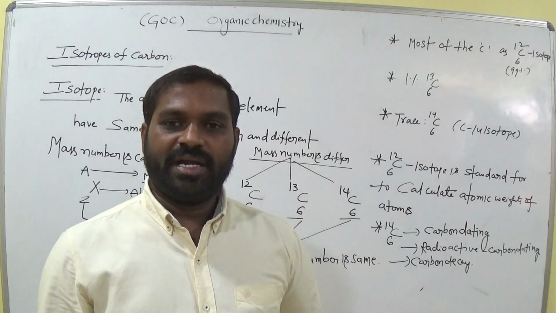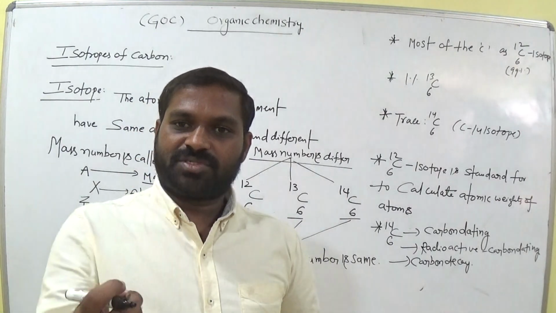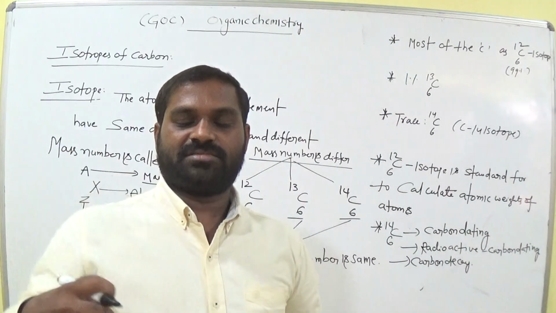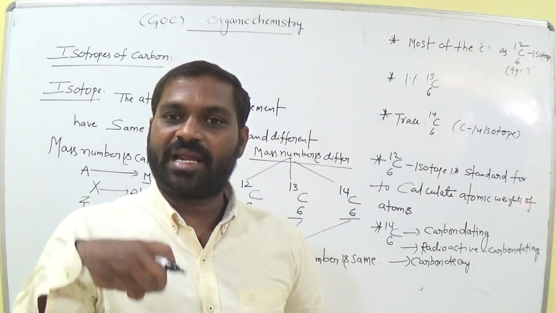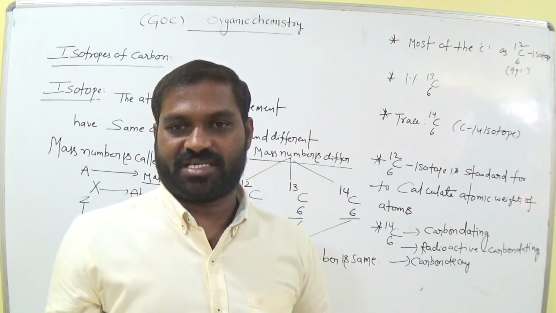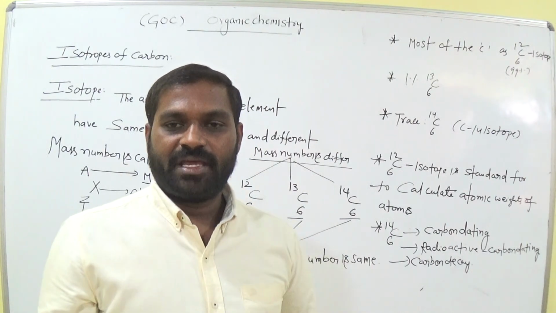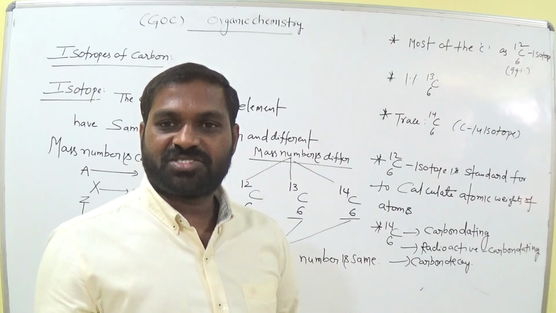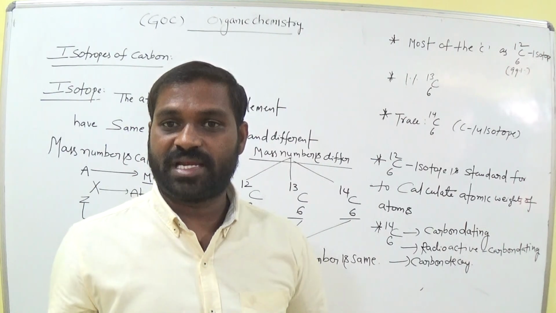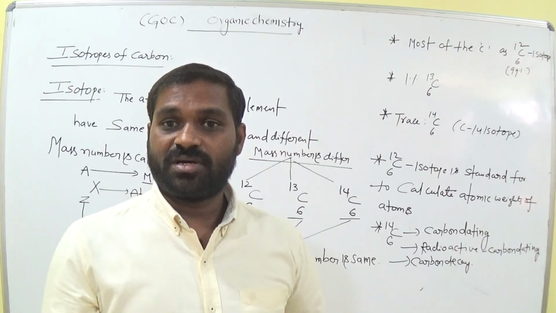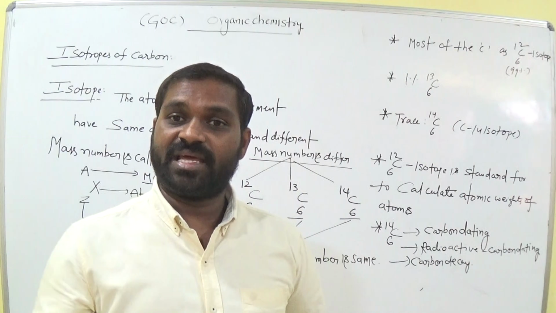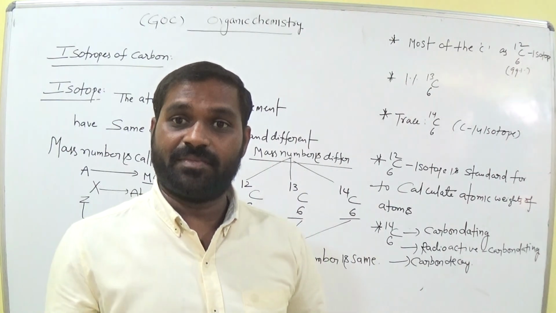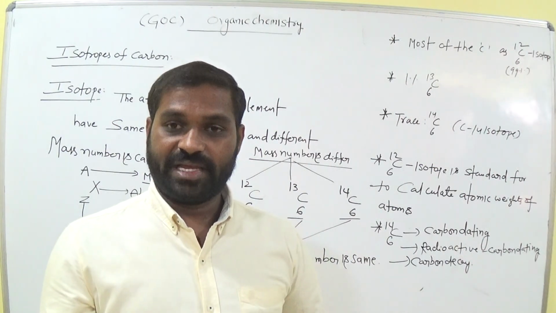So it takes time to decrease the carbon quantity. Depending on that time we can calculate the age of that object. Historical objects, we have stones and statues. Scientists are able to calculate their age, at what time it is available in the ancient days.